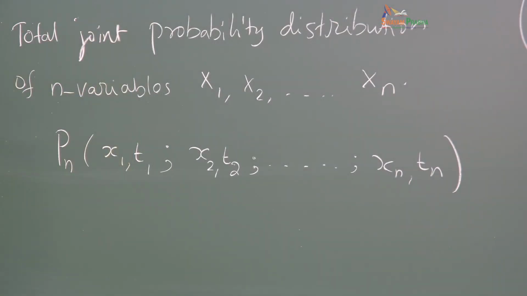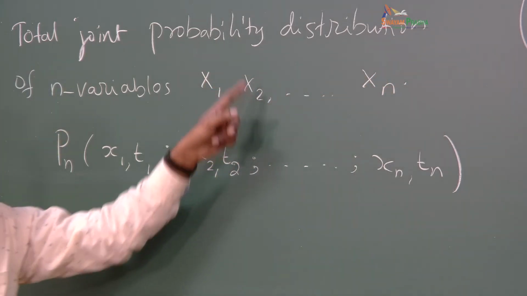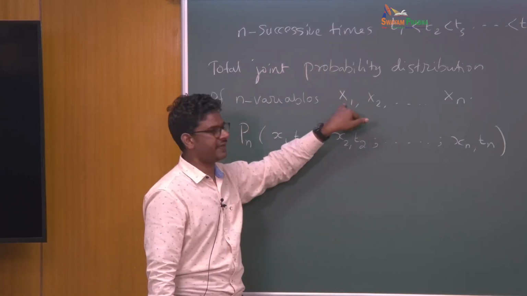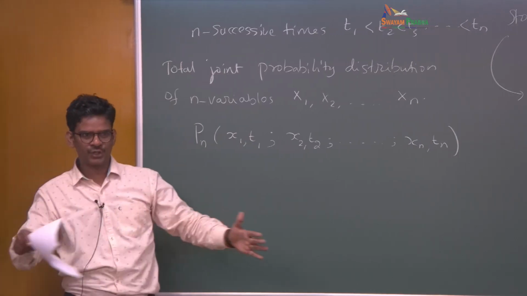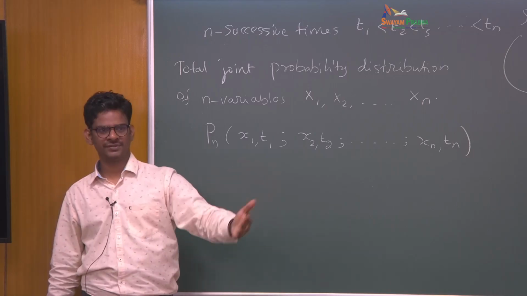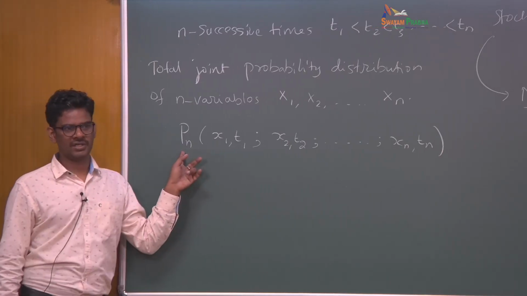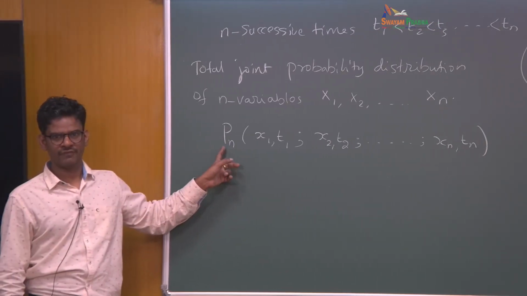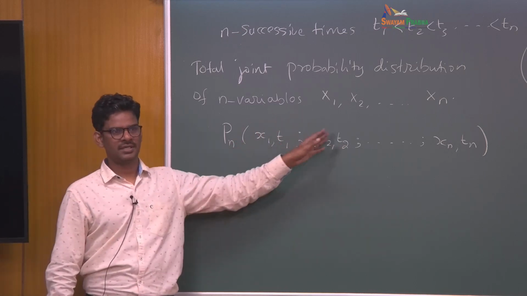So what we are saying is there is a stochastic process and its state is defined by a set of random variables x1, x2, x3 all the way to xn. Each of these variables corresponds to a time. So x1 is defined at t1, x2 is defined at t2 and so on. When I look at the collection of all these x variables, that basically gives me the dynamical evolution of the system over a period of time. So we define a function called the total joint probability distribution function for a stochastic process having n time instances.